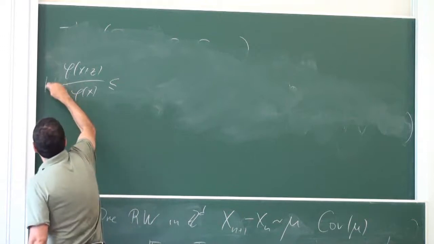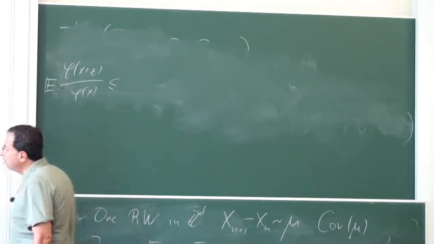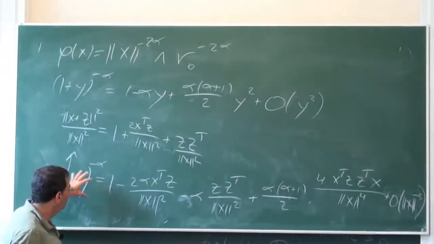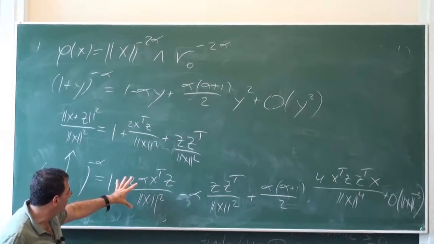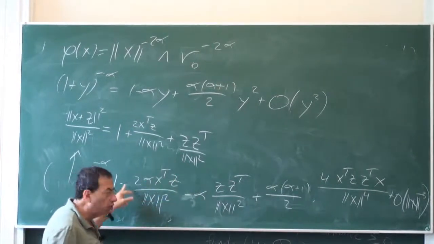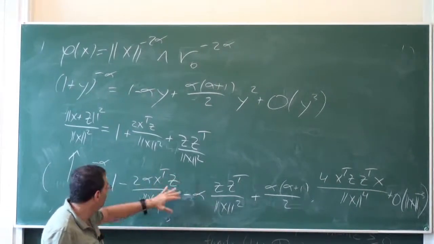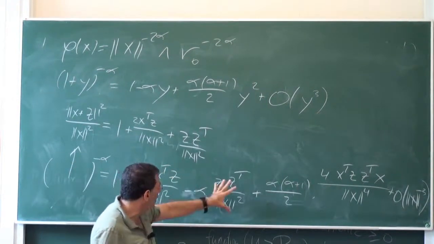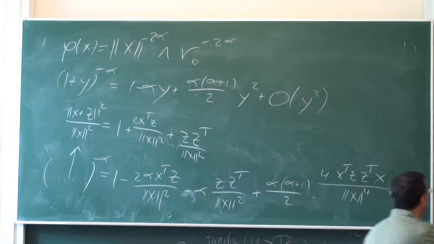So I want to take already the expectation, because what I have here is exactly phi of x plus z over phi of x. So what happens when we take the expectation of this? Because the increments z have mean 0, this is just going to vanish. And when we take the expectation, we'll only get the other terms. So we'll get 1.